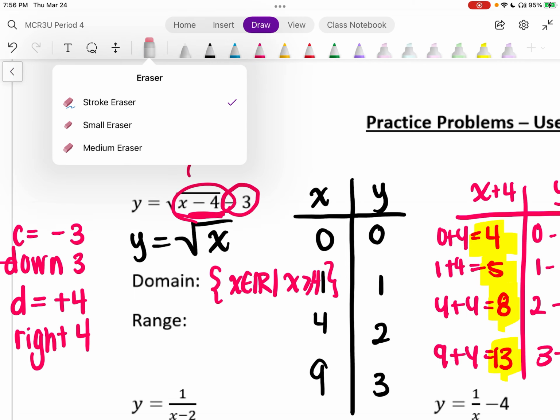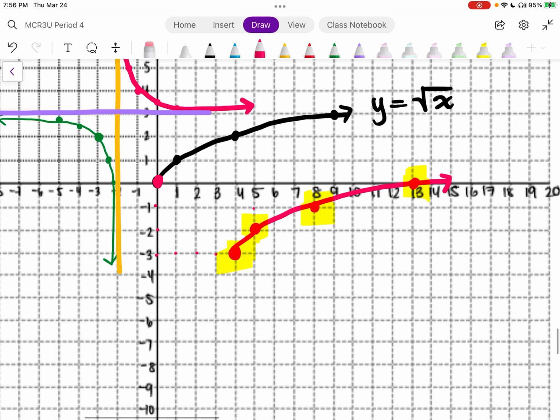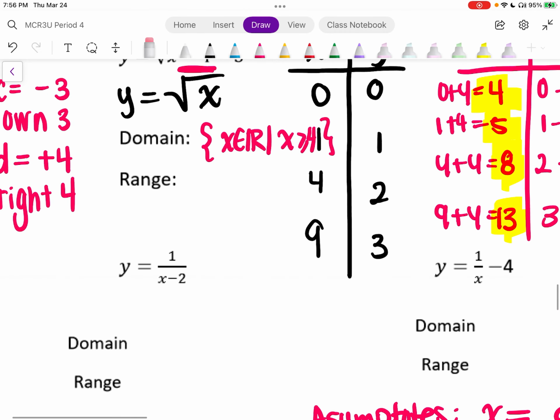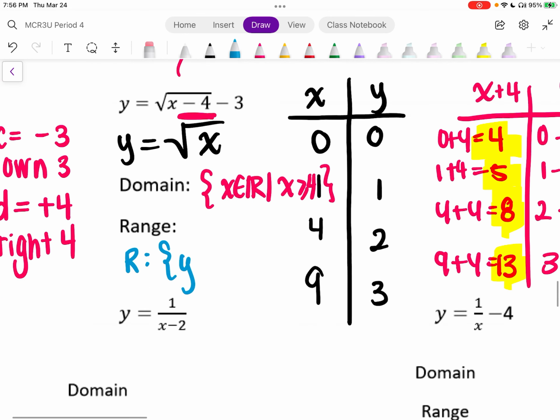And then the range, if you look at it, our function is going to grow from -3 onwards. So we just need to make sure that under this root sign, we have a 0, which is the minimum it can be. Our range is going to be y is an element of all real numbers such that y is greater than or equal to -3.